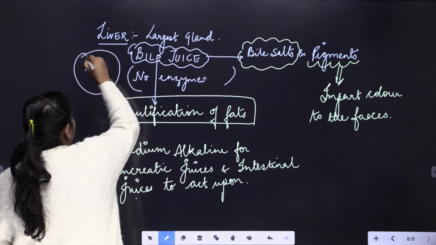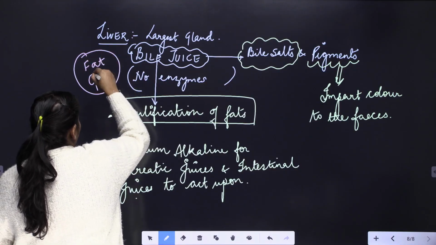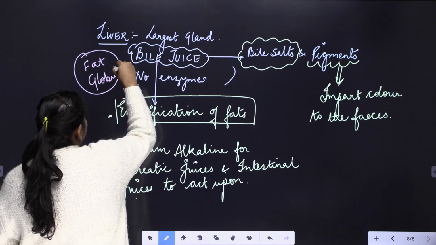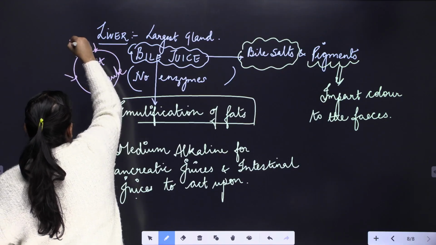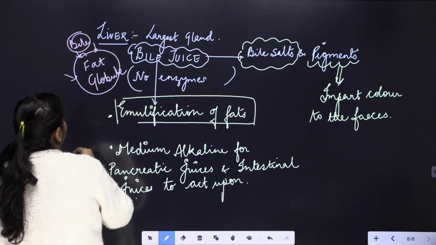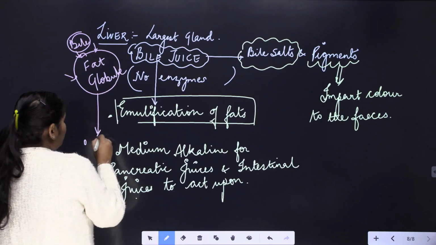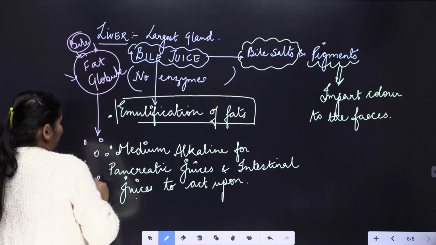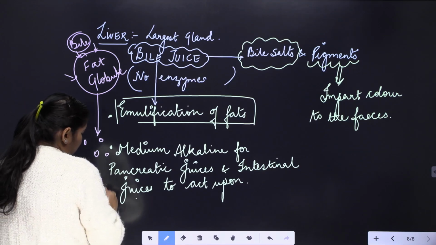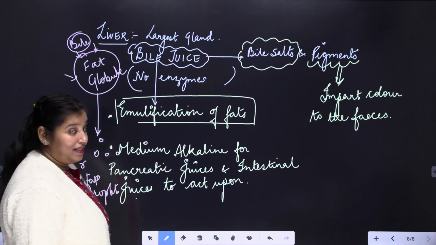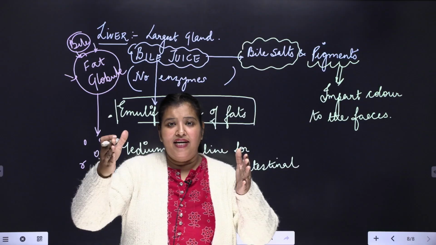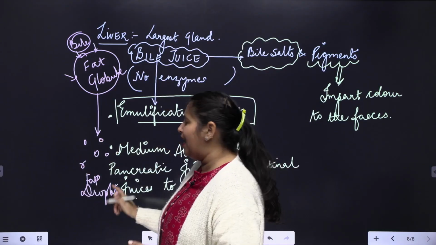This is a large fat globule. This large fat globule, when acted upon by the bile, gets converted into small droplets. Small fat droplets.